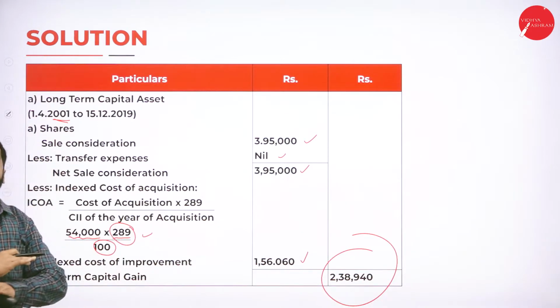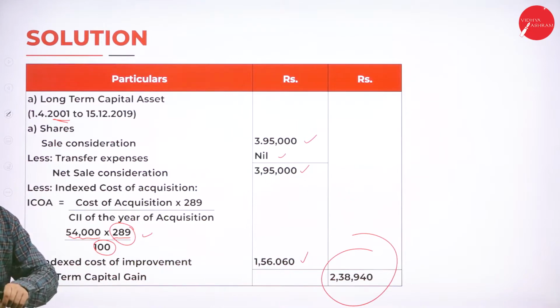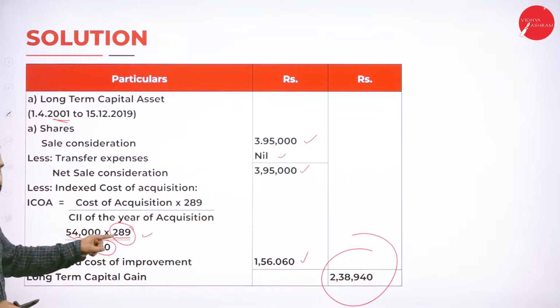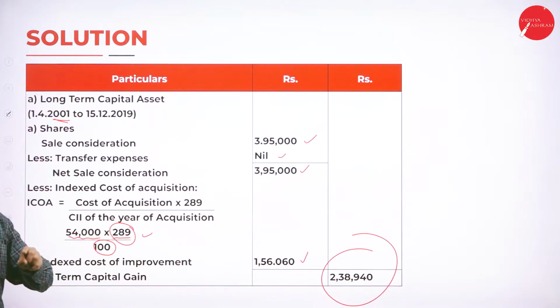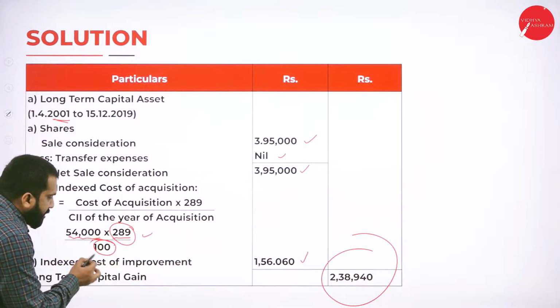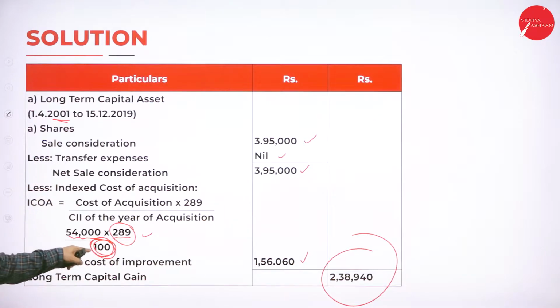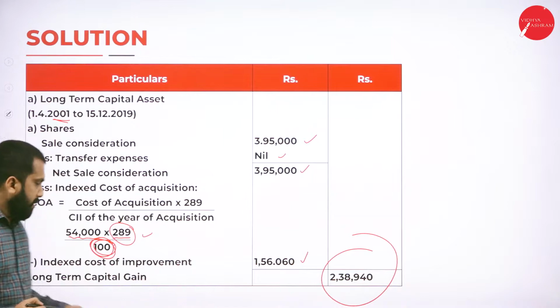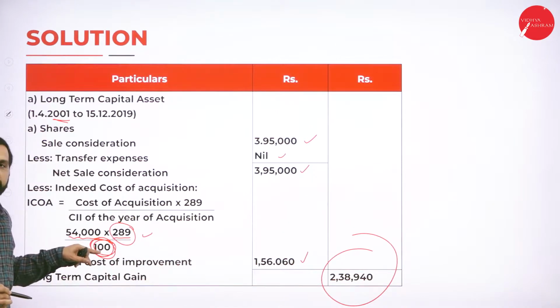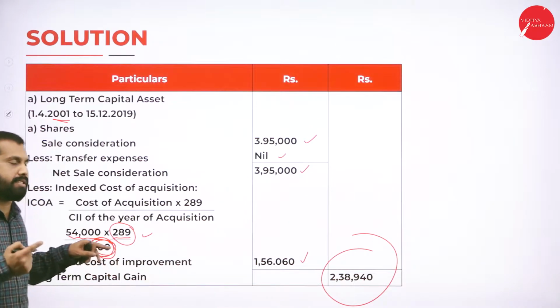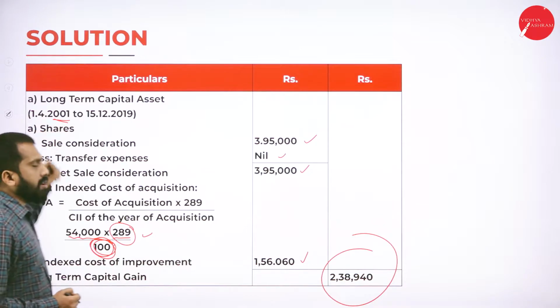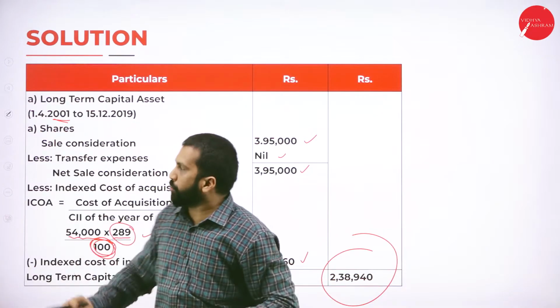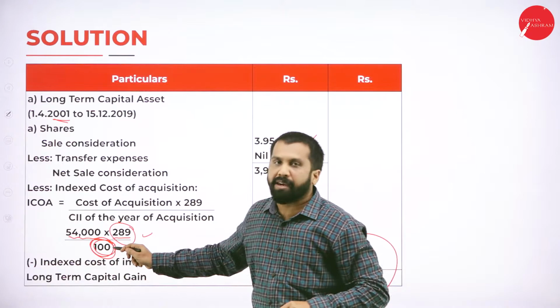Now, always remember, every long term should be multiplied by 289. This will never change. For your examination, in every problem you should consider 289 as the multiplier. The division depends on the time of purchase. Since it was purchased in 2001, this will be 100.